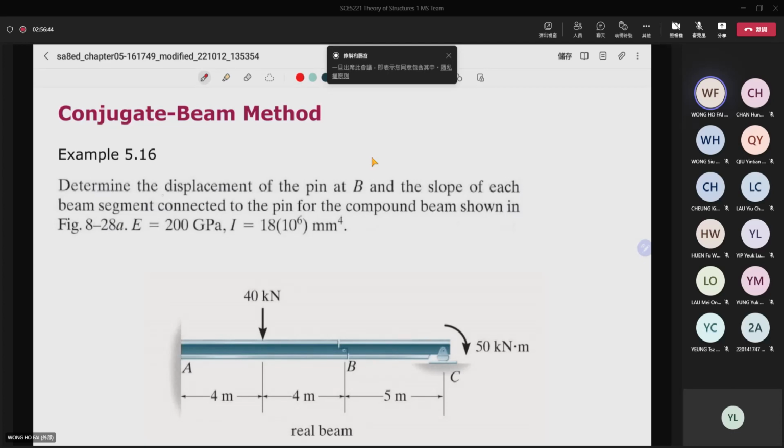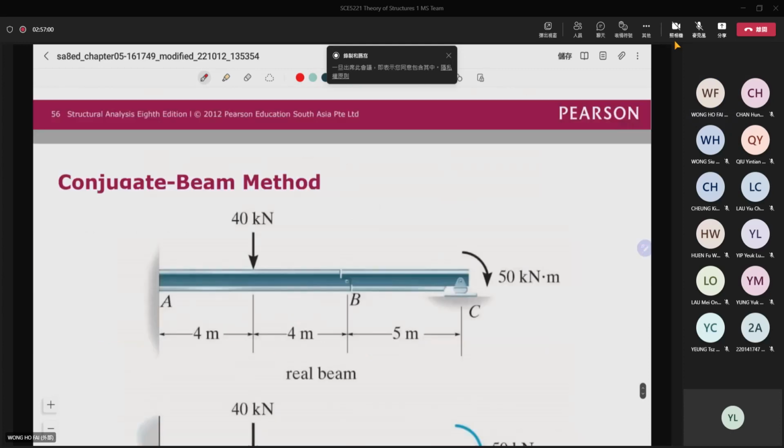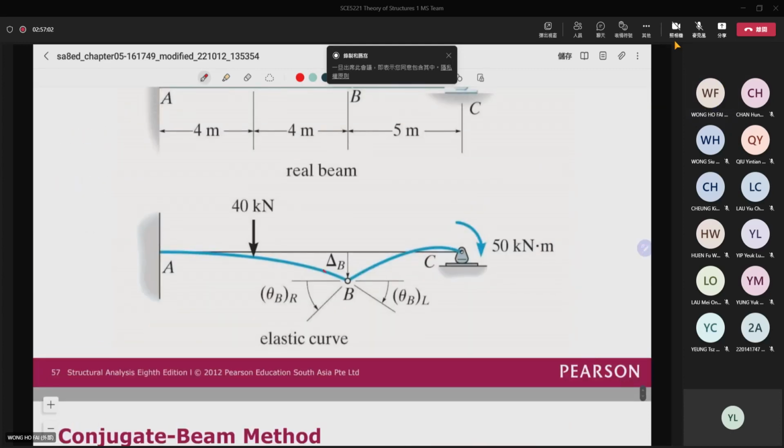Find the displacement at the pin at B. So this is the deflection at B. We want to find the deflection here. And then the slope of each beam segment connected to the compound beam. And then we also find the delta B here, and then we want to find theta B on both sides. Okay?